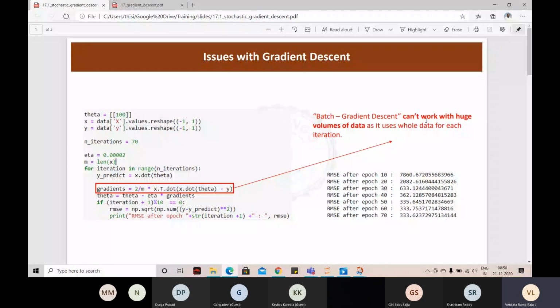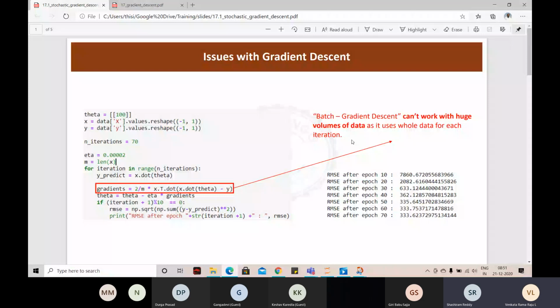Does this red statement make any sense? It does make sense.